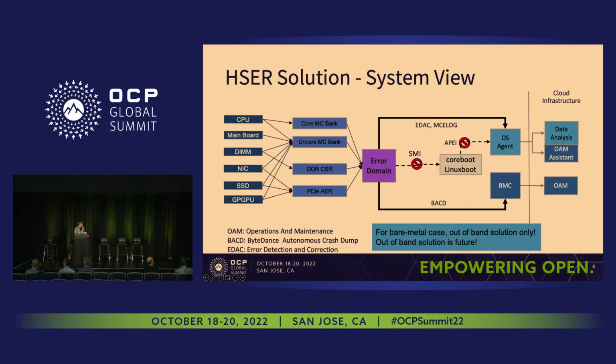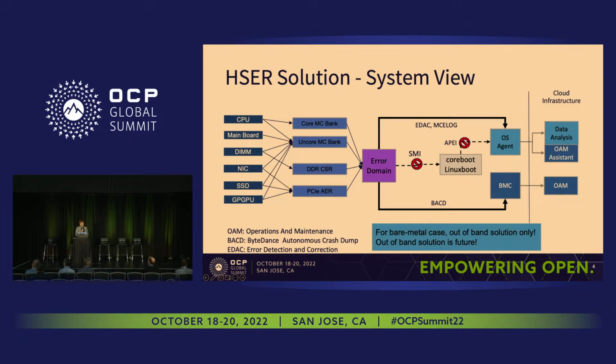First, let's go through the single system solution of the whole design. As we can see from the leftmost part of the diagram, those are the hardware error resources, which can be managed by different error blocks and then reported to the error domain.